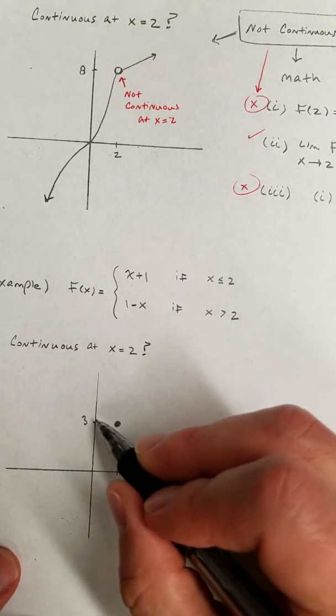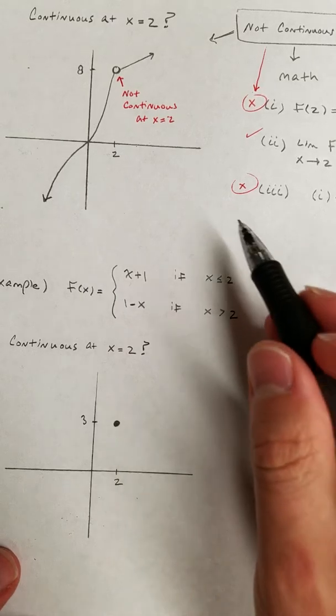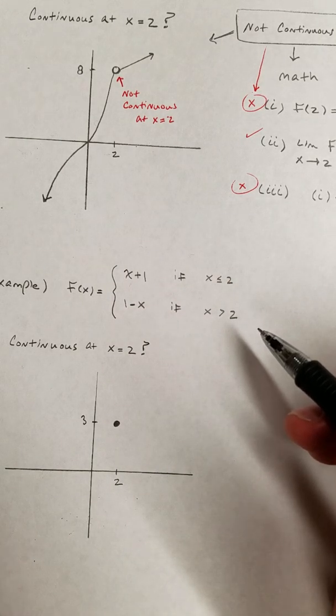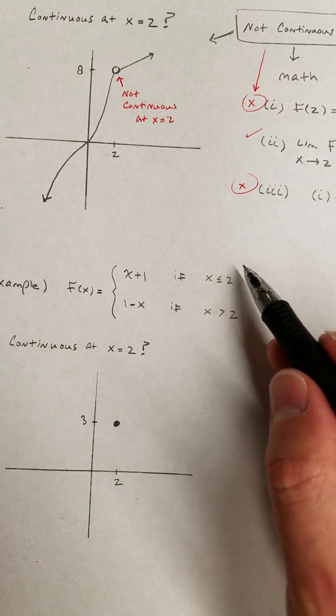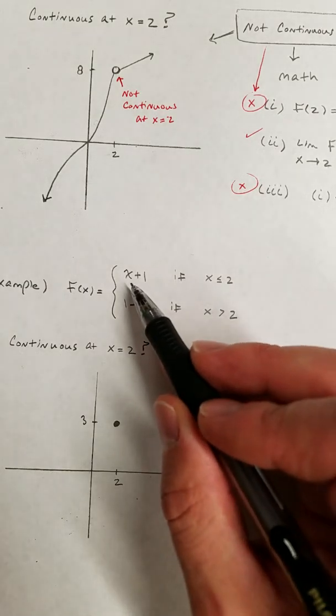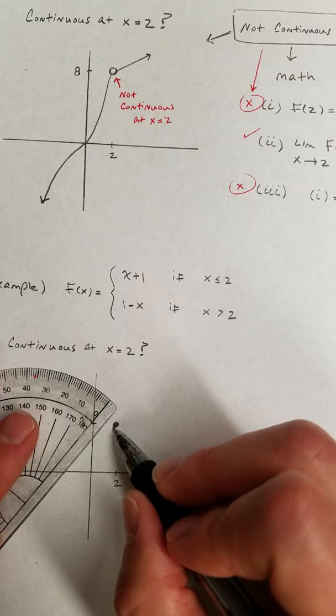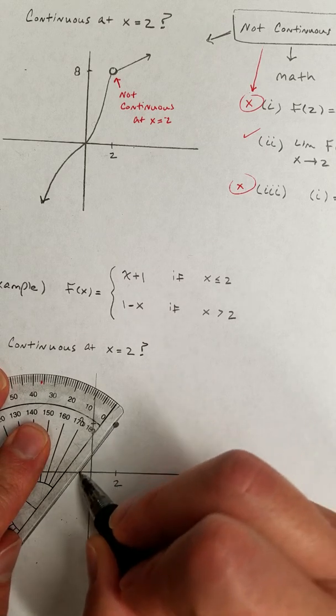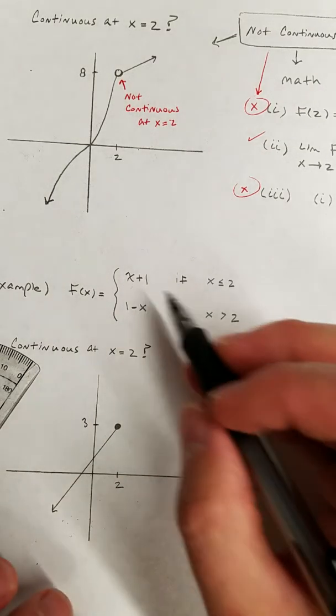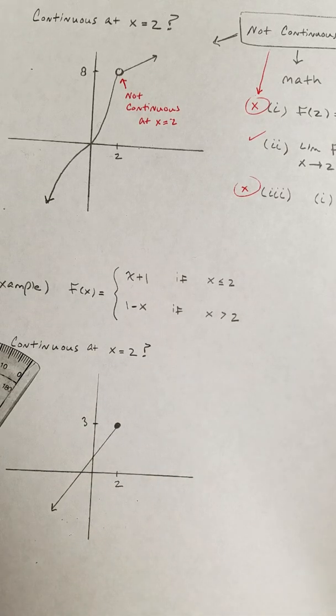That point is on there. It's part of that function. You plug in 2 for x, you get 3 for y. The rest of it, all the other points for x less than 2, it's a line. It has a slope of 1 and a y-intercept of 1. It's going to look like that if you plot it.